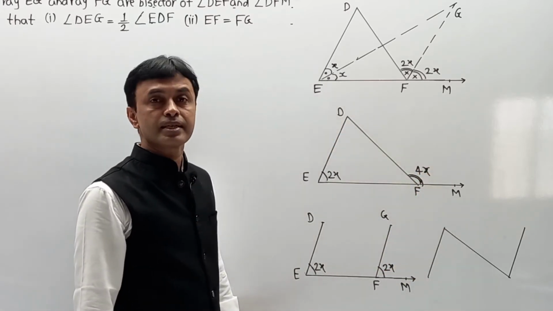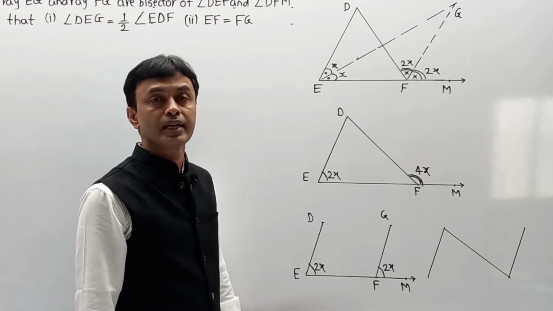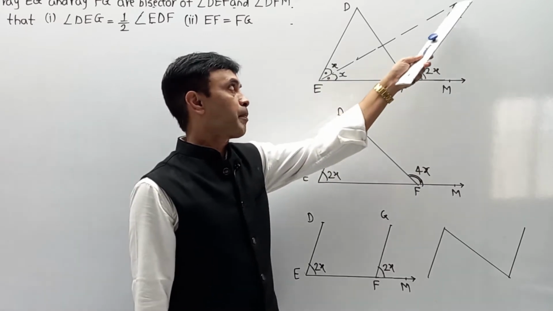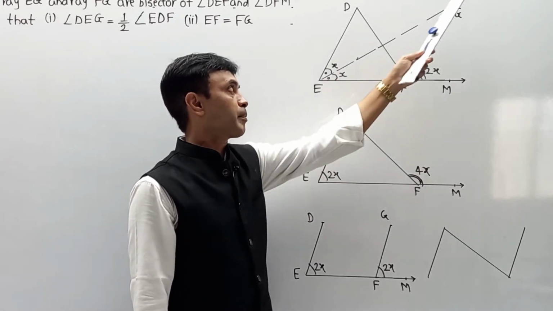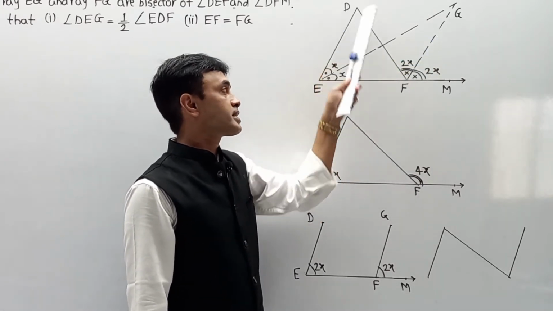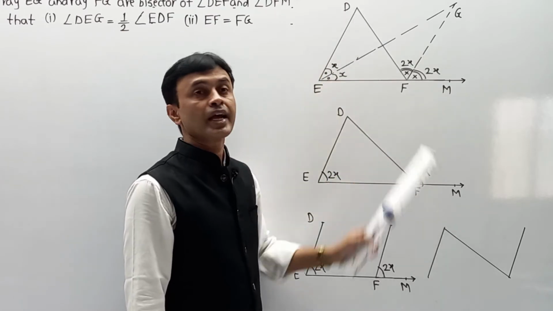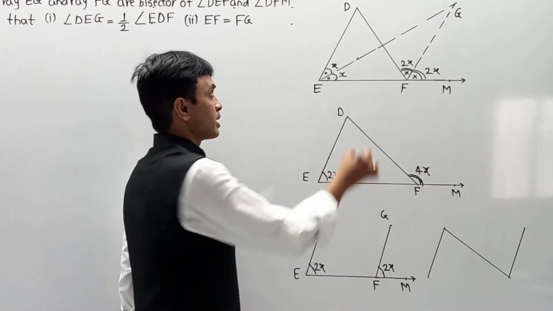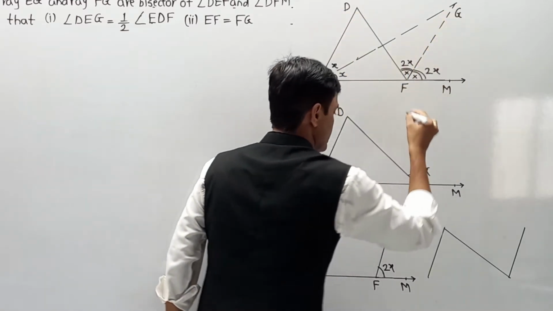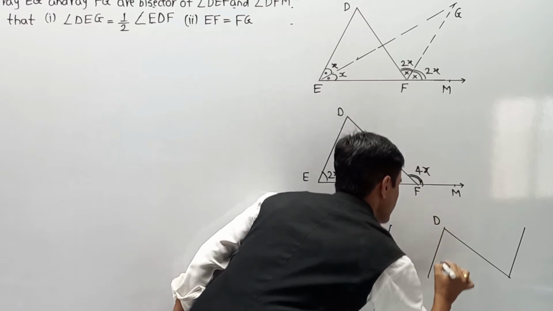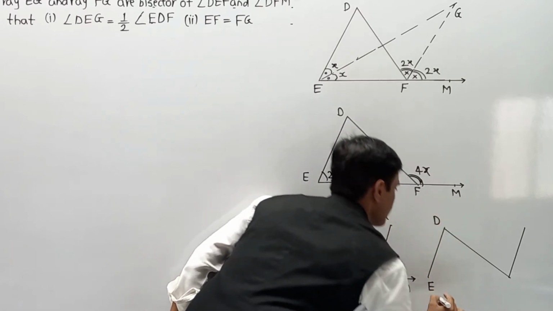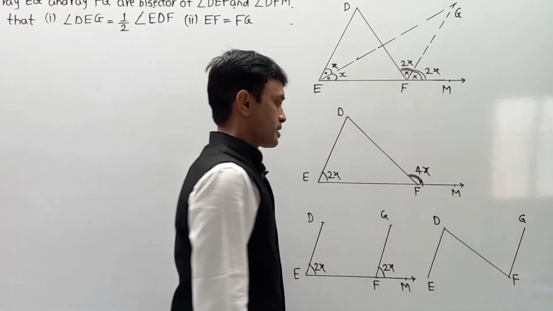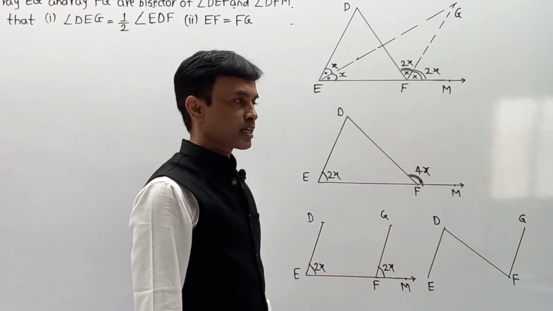Also we have to understand some logic based on alternate angles. What is it exactly? DE is parallel to GF. Then in that case DF acts as a transversal.